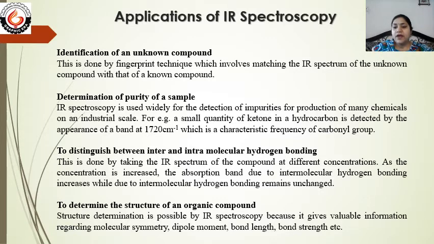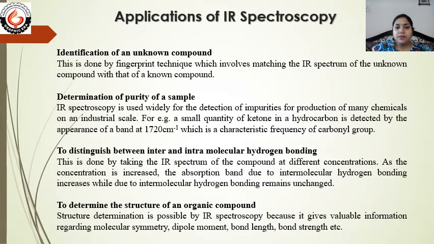So I can simply take a spectrum of that compound and match it with lots of IR spectra already present in different databases. Just like matching our fingerprint, we can match the unknown spectrum with lots of known spectra, so we can identify the unknown compound.